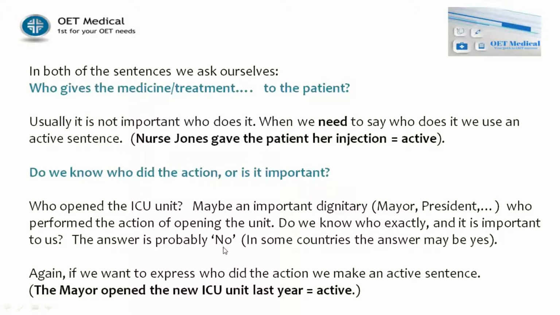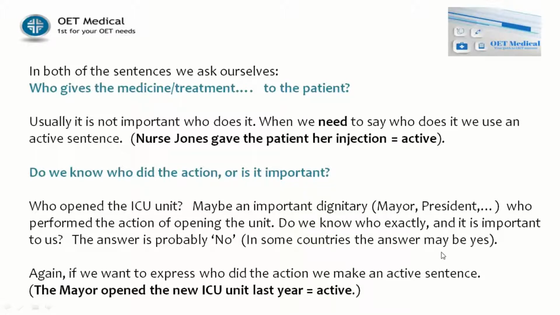If you're a medical professional, you don't care who opened the ICU. You're interested in, does it work? Does it have the equipment I need? Is it good for patients? That's what you're interested in, not who opened it. But as I've made a note here, in some countries, the answer may be yes, because of social status and many other cultural things.